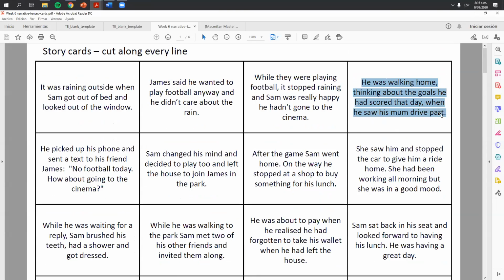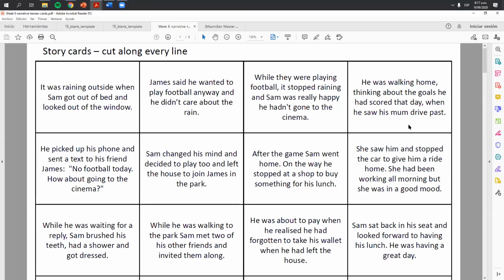Alejandra Arce, would you help us with this one? Alejandra? Yep. He was walking home thinking about the goals he had scored that day when he saw his mom drive past. Oh, past. Okay.